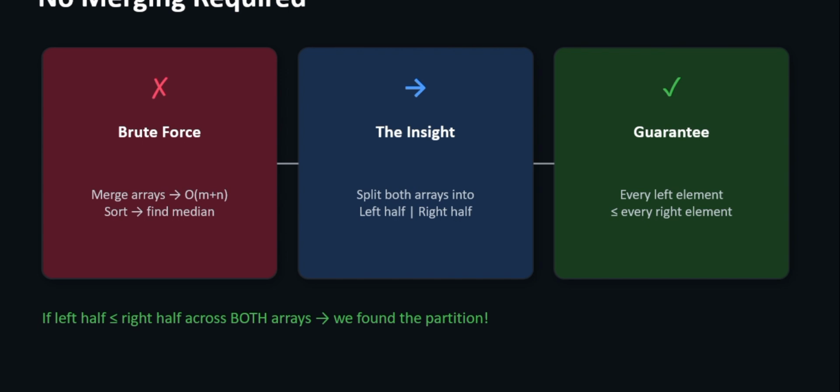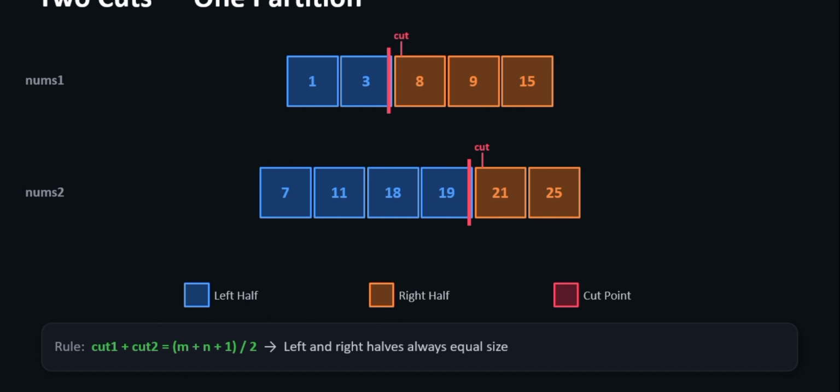As we said, the problem expects a logarithmic solution, but brute force gives us linear time, O(m+n). The insight is to split both arrays into a left half and a right half, so we can guarantee the exact partition.